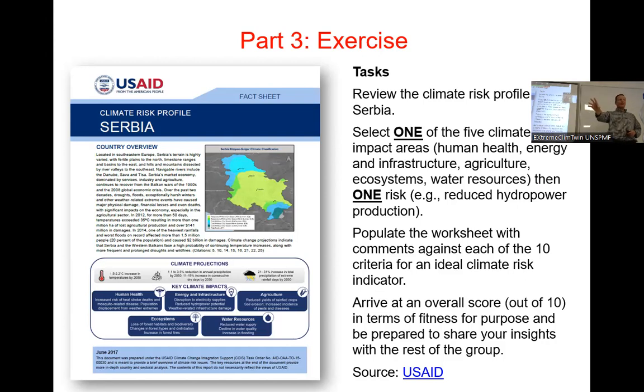Now, this is a document that was published in 2017. I was looking at it this morning. Some of the commentary is already out of date, but I think it's a really useful, concise summary of the key impact areas of climate change on human health, energy, agriculture, ecosystems, and water resources.